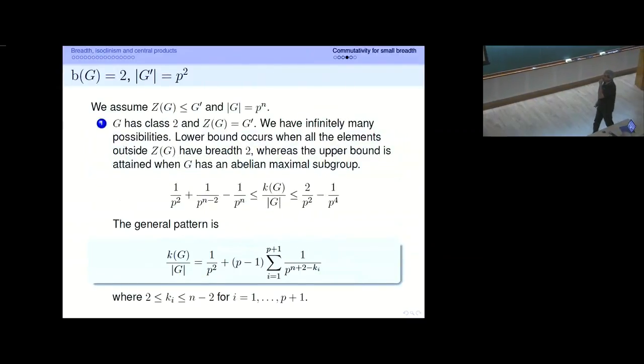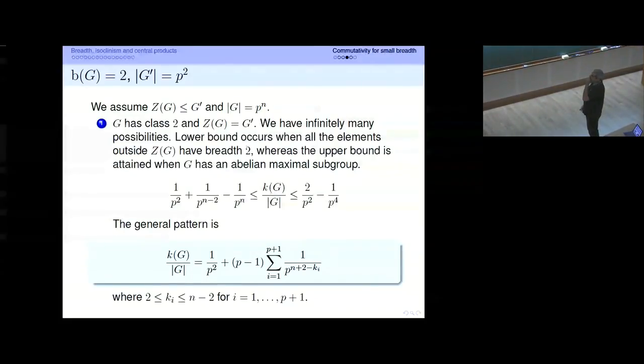Now take the other case. Now the commutator subgroup is of order p squared. We can deal with this by dividing it in two cases. The first case is when G has class 2.